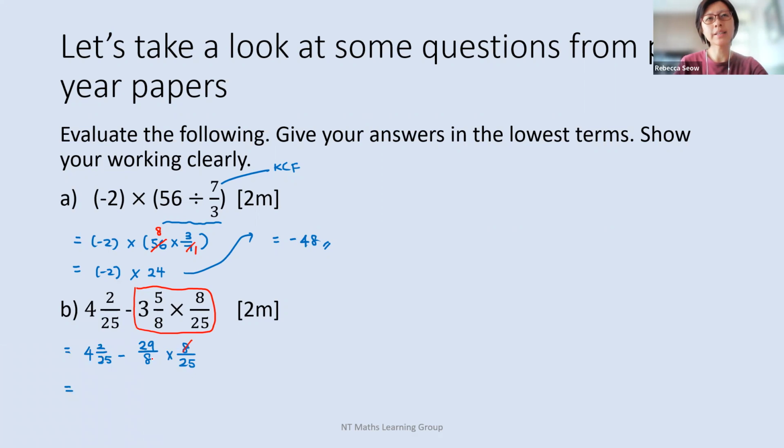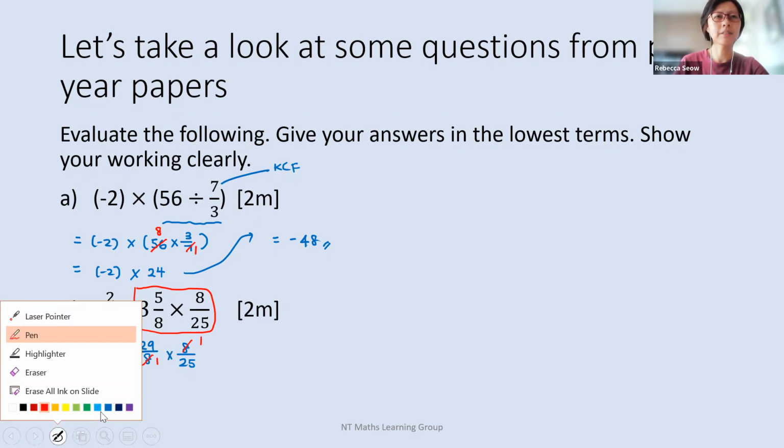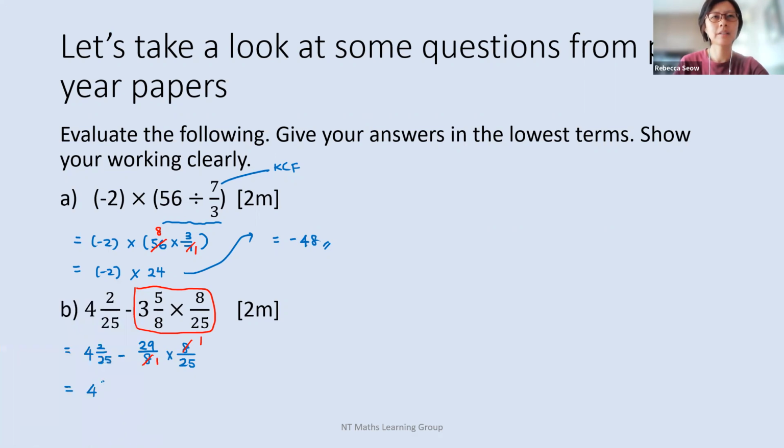So 8 and 8, I can divide both sides. And I am left with... let me now change 29 out of 25 into a mixed number.